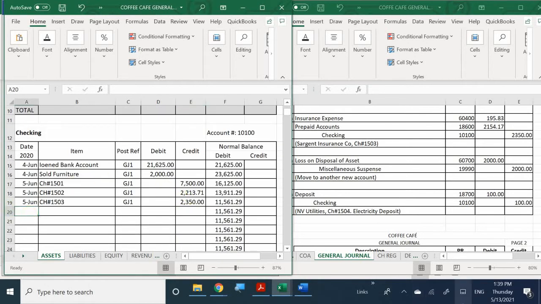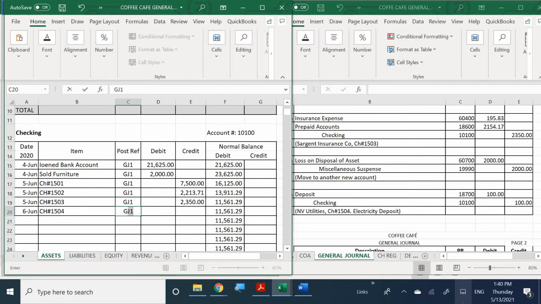So once again, date. Note here, it could be whatever you'd like. I'm going to just stick with my check number because I can easily look up my check number and know exactly what happened here. Or I can also look up where this transaction happened in my journal and figure it out as well.